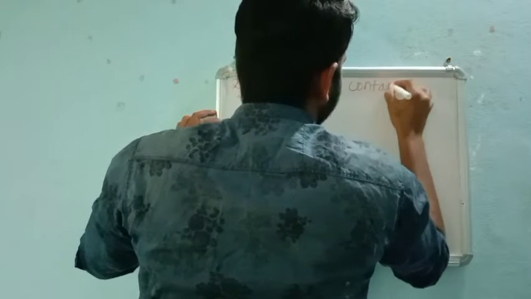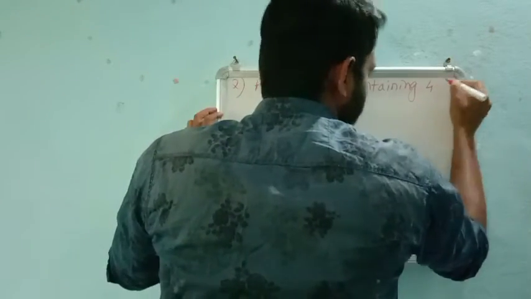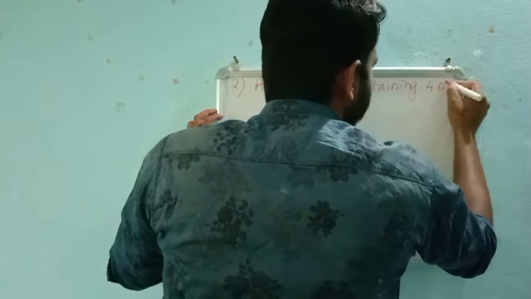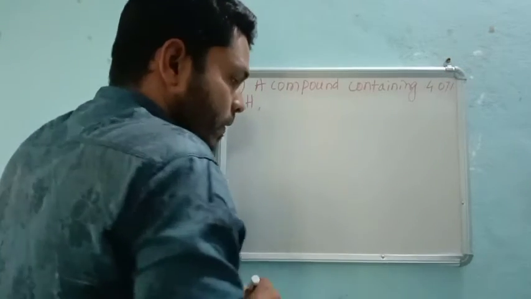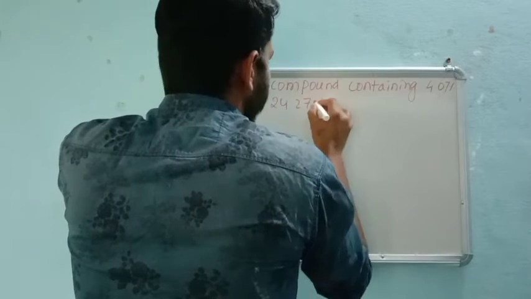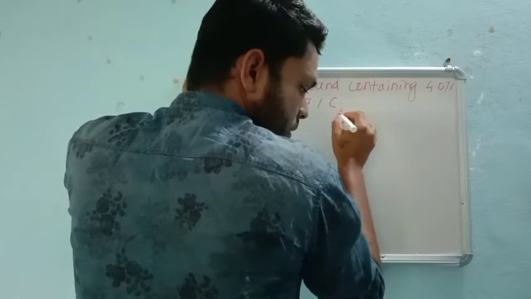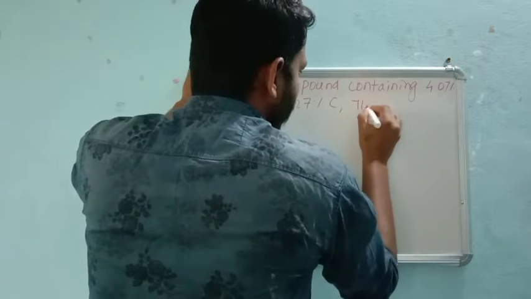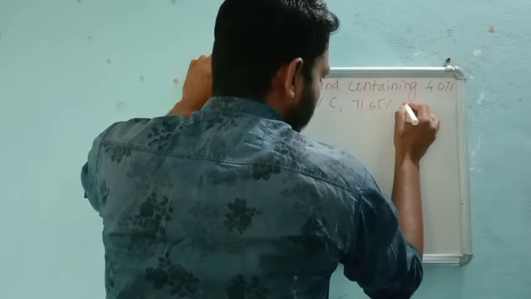A compound containing 4.07% of hydrogen, 24.27% carbon, 71.65% chlorine.